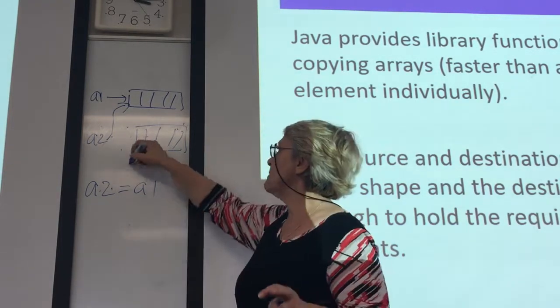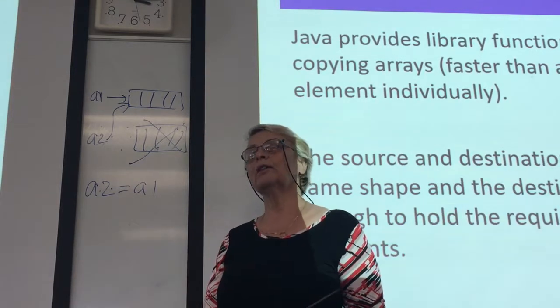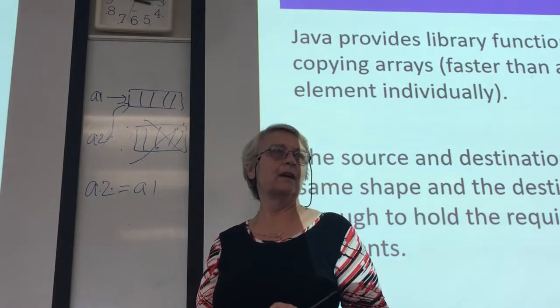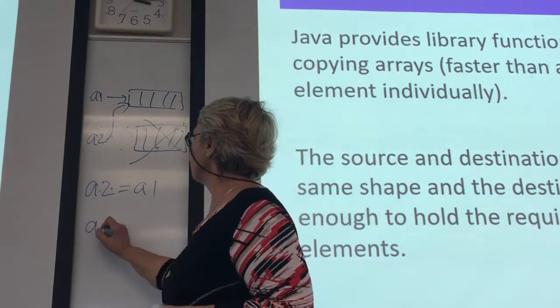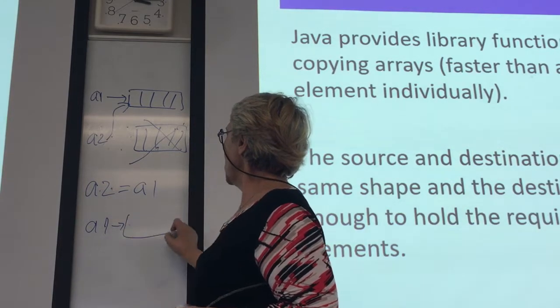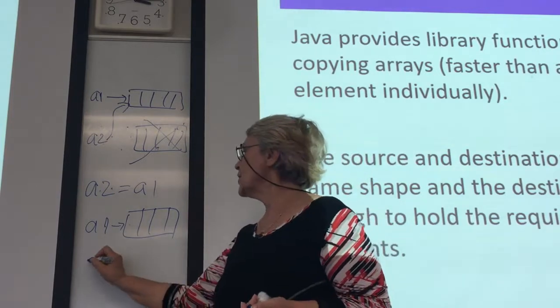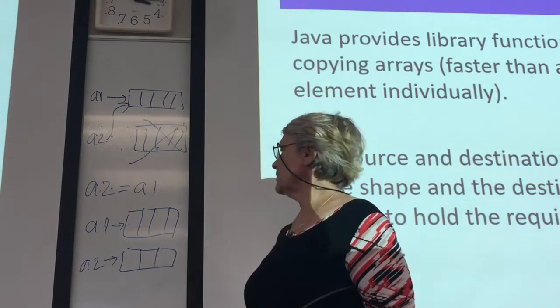There is no problem with memory leak because this is handled by the garbage collector, but you might not want to have this situation. All you might want is to have A1, which was, let's say, 4 elements, and A2 with 3.